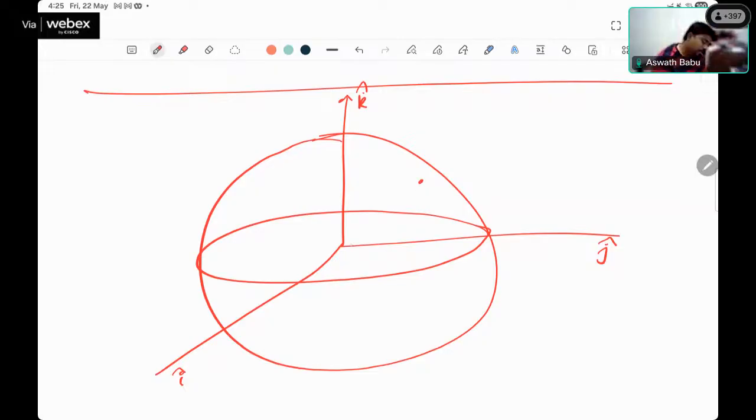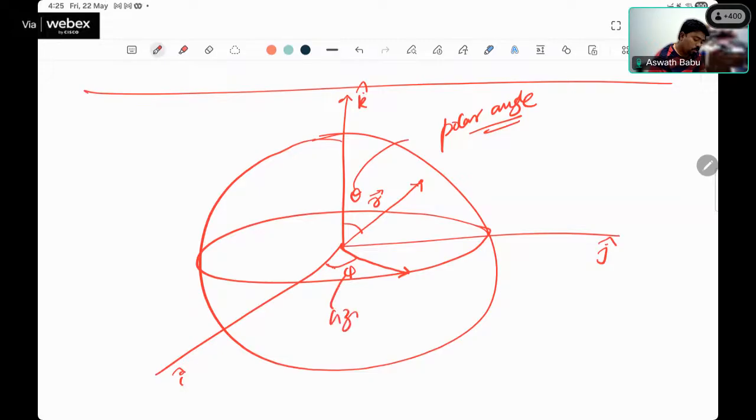Let's say somebody is at some point in space and makes a radius r. That radius r makes an angle theta with the Z axis. So this is the polar angle, with respect to the pole. Now you drop a light from the top, and this vector will create a shadow on the equatorial I and J plane, which makes an angle phi. This is the azimuthal angle.